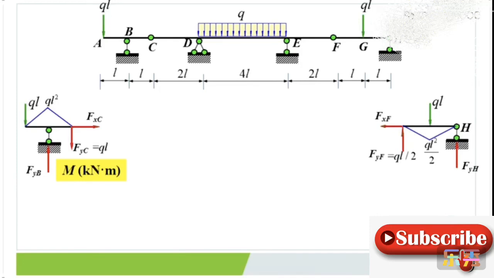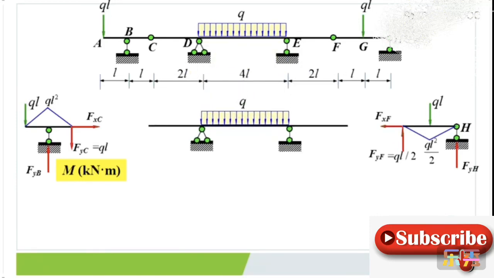For the main portion CDEF part, FYC prime is equal to QL, FYF prime is equal to half of QL. Then for the CD part, because Q is equal to 0, its bending moment diagram is a diagonal line. According to the direction of FYC prime, the lower side is in tension.